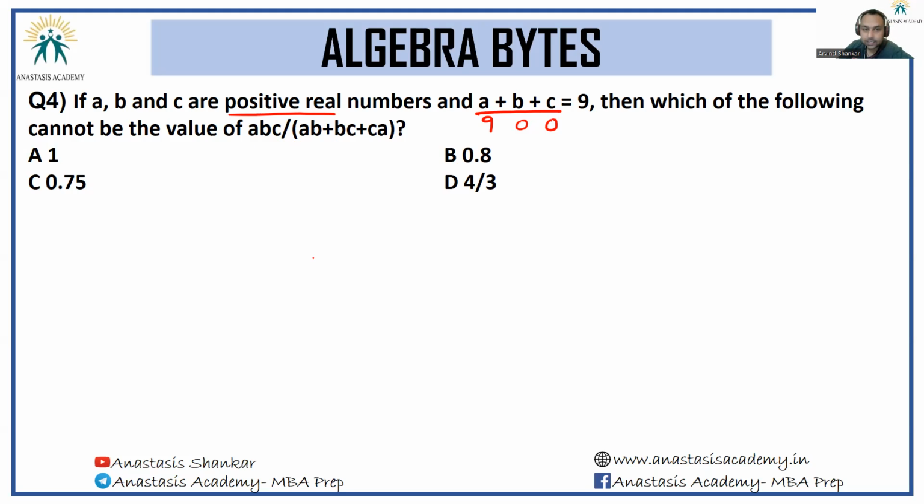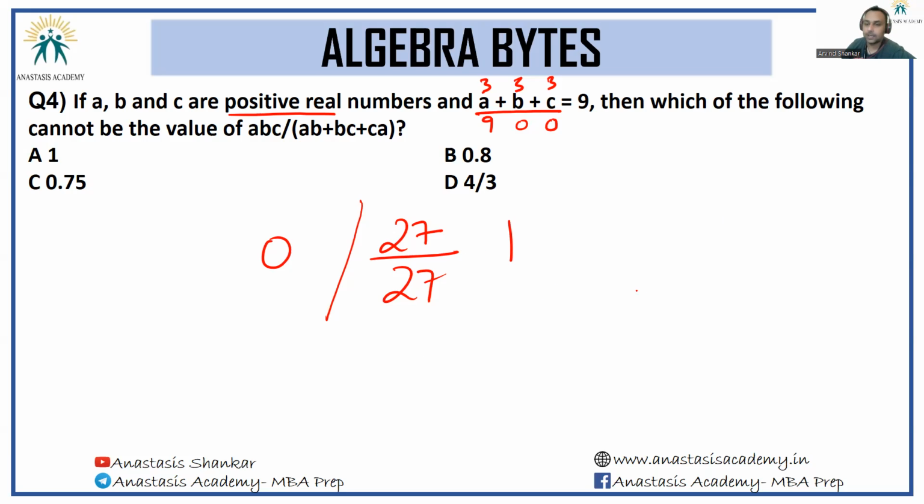So in that case, this expression will return a value of roughly 0 because the numerator will turn to 0. On the other hand, if I took these three variables to be as close as possible, I took them to be 3, 3, 3, then I would get 27 divided by 9 plus 9 plus 9, 27 again, so 1.